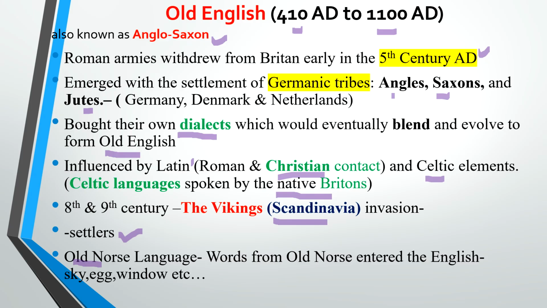Old Norse words entered English, for example, sky, egg, window. These words came from the Old Norse language, and this Norse language contributed numerous loan words and influenced grammatical simplification in English.